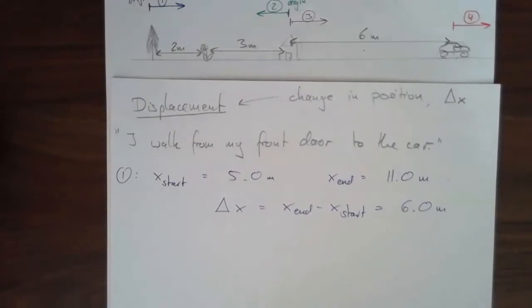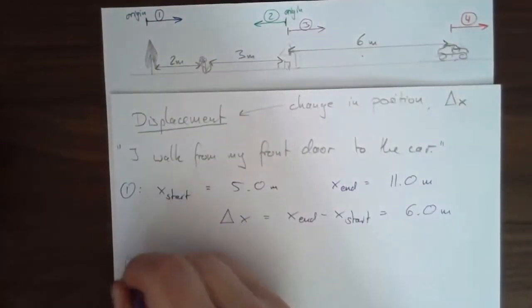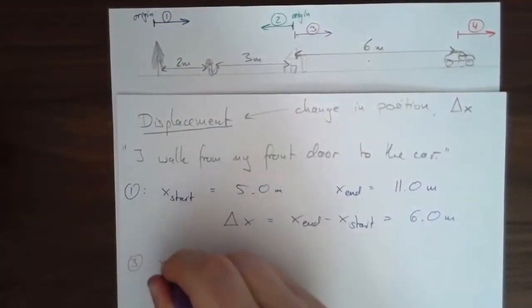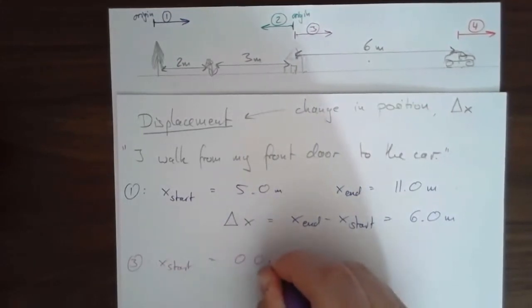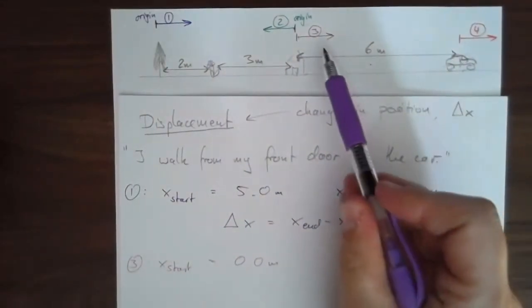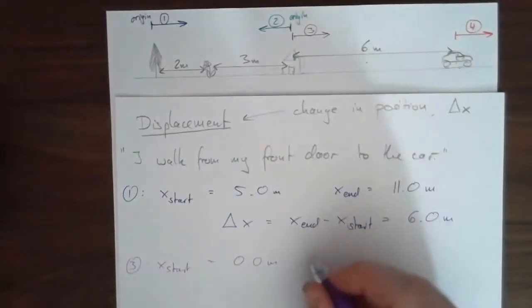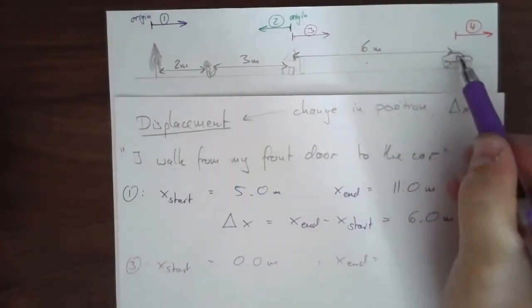Now, of course, I could describe the same thing in another coordinate system. Let me do number 3 first. In this case, my starting position would be 0 meters because I start at the origin, right? For coordinate system 3, the front door of the house is the origin. And then where do I end? At the car.